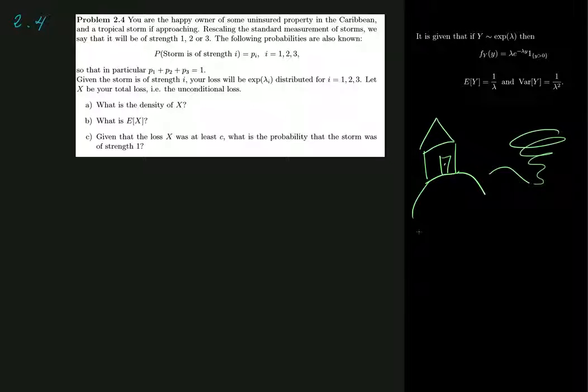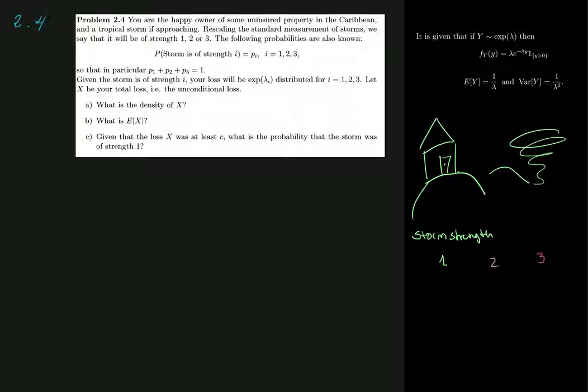So the storm strength can be either 1 or 2 or 3 in severity. And we can kind of think of it as, the higher the strength, the worse the storm is, and the more damaged your house might become.